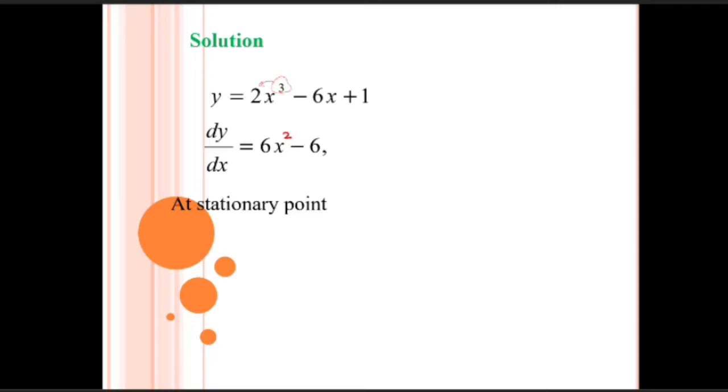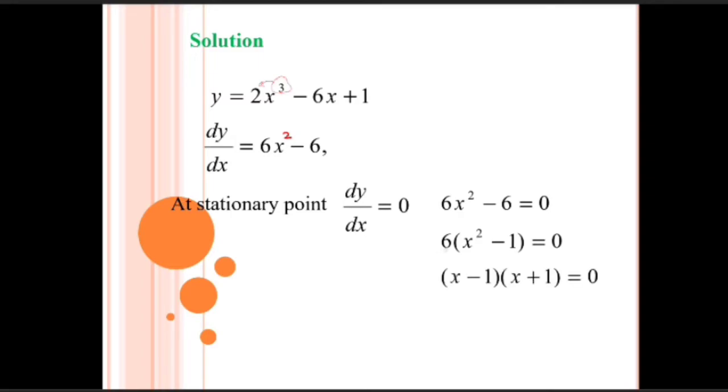Now, to find the stationary points, the gradient is 0, so equate that to 0. Factorize the 6 and divide 0 by 6. You're left with x squared minus 1, which factorizes to x minus 1 times x plus 1.